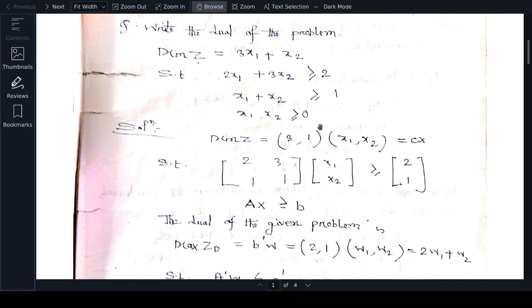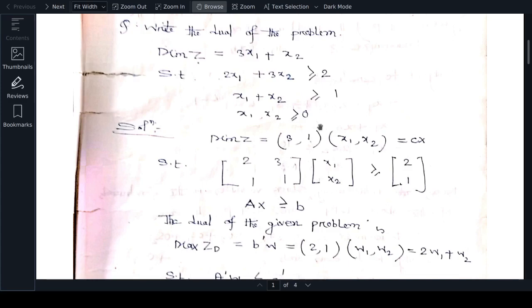Minimize z equal to 3x1 plus x2, such that 2x1 plus 3x2 is greater than or equal to 2, x1 plus x2 is greater than or equal to 1, and x1, x2 are greater than or equal to 0. First you check whether the given problem is in standard primal form or not. Standard primal form means what?